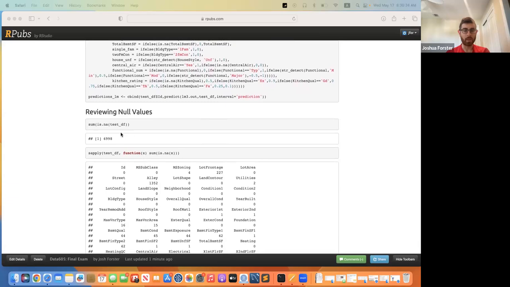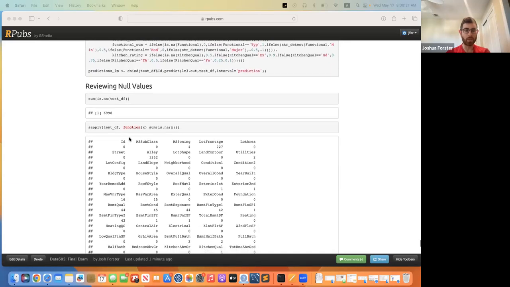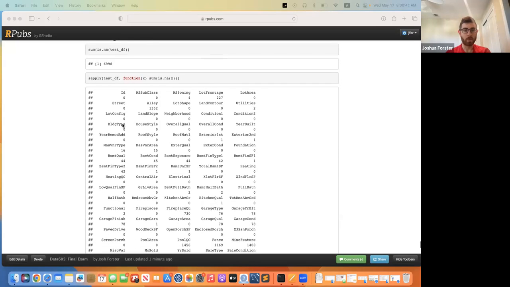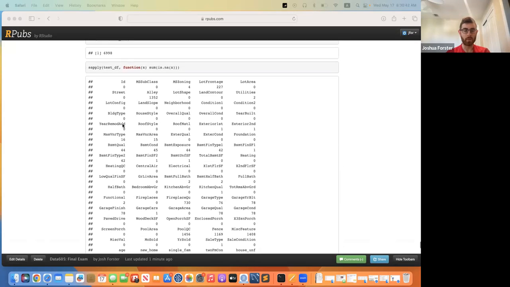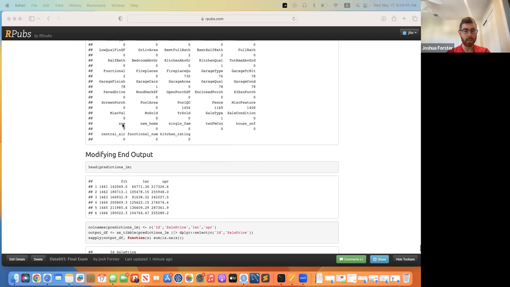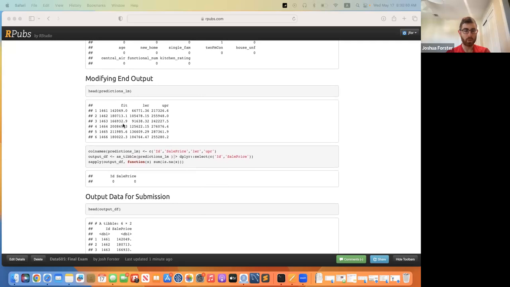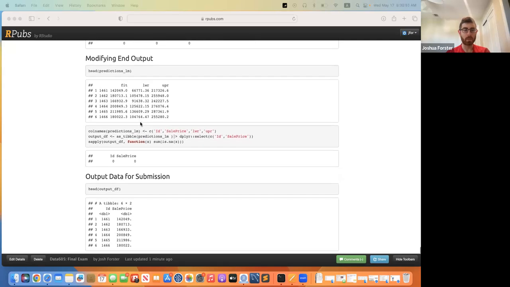And then I was making sure, because I didn't necessarily account for nulls as much in the initial review, I was testing to see what null values existed in the test data set. And then most of it is just the end cleanup for submission, because the request only wanted ID and sale price, and those labels basically had to be named.